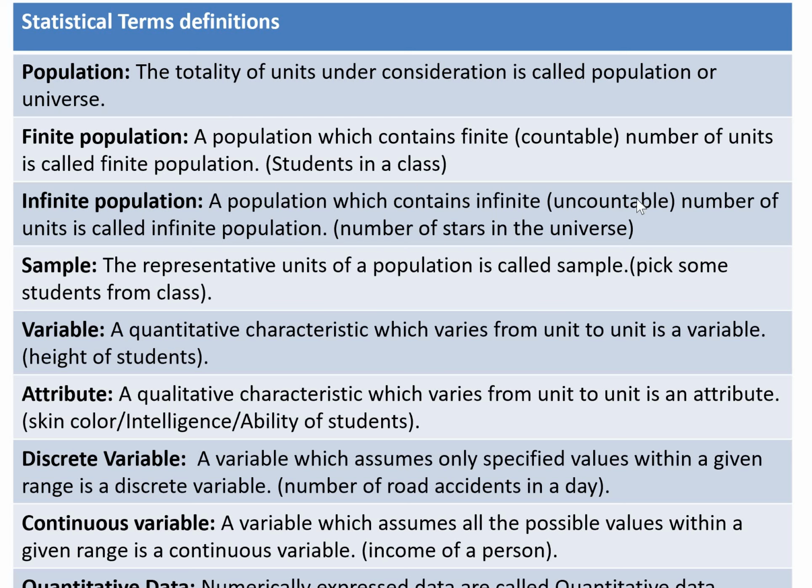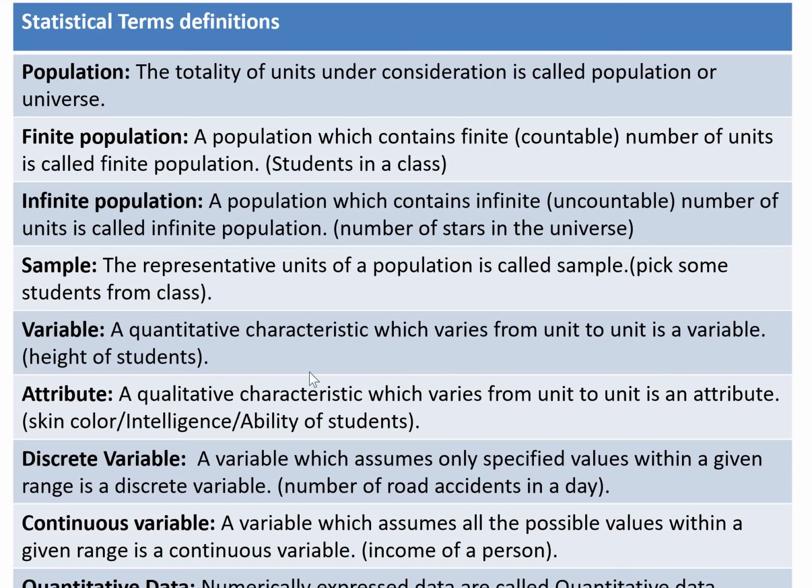An infinite population cannot be counted. Students in a class can be counted, whereas the number of stars in the universe cannot be counted. A sample is a representation of a population on a smaller scale. Sample and population, the 10% rule and all those things are in the previous videos. You can go check and come back.